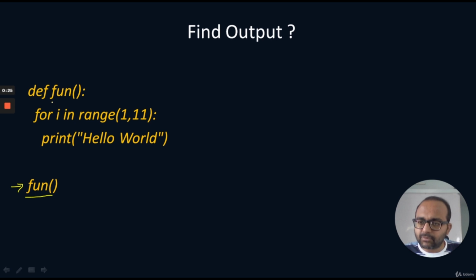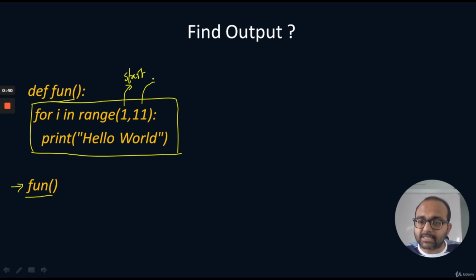So if you look at this function fun definition here, it contains a for loop which is iterating from 1 to 10. Okay. Because this is going to show you the starting value and this is ending value plus 1, right? So this value must be less than 11.